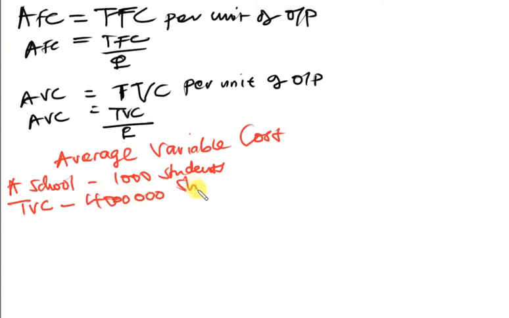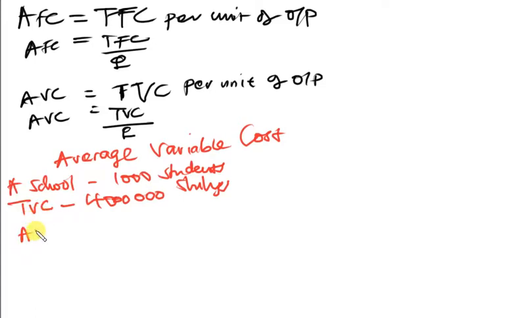Now, if you want to find for one student, how much did they incur to maintain one student in terms of variable costs?